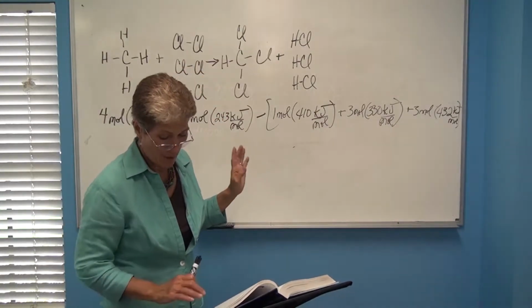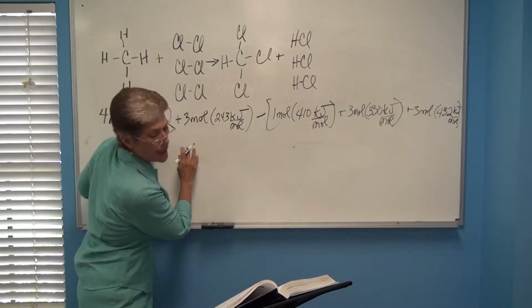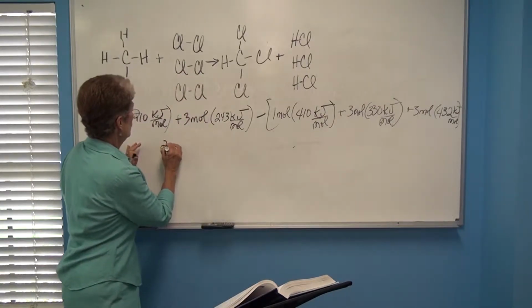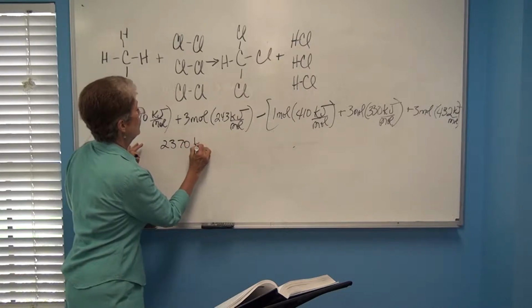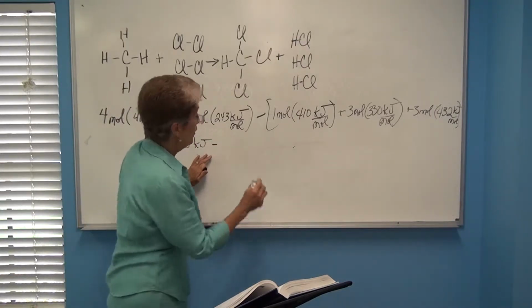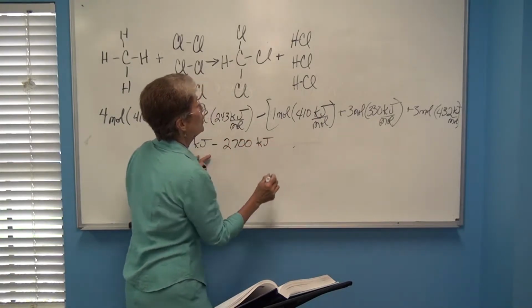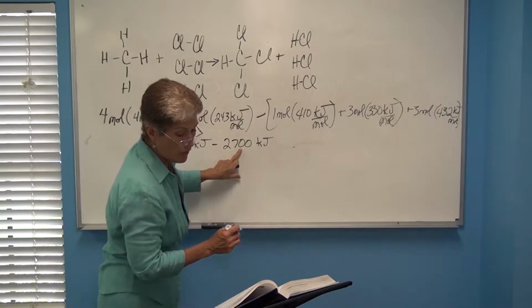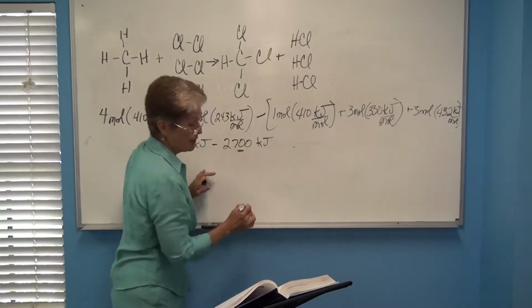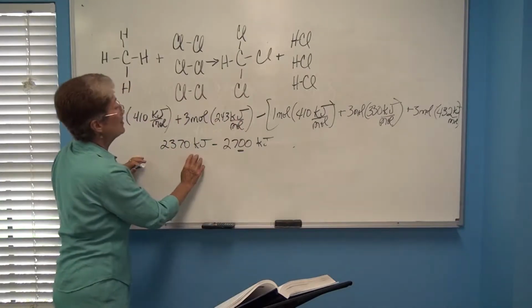Okay, and so once you do all that, you end up this turning into 2370 kilojoules, because the moles cancel, minus 2700 kilojoules. But here, the significant figures goes to this place. So I'm going to just put a line under it to help myself. So this is 2370 kilojoules.